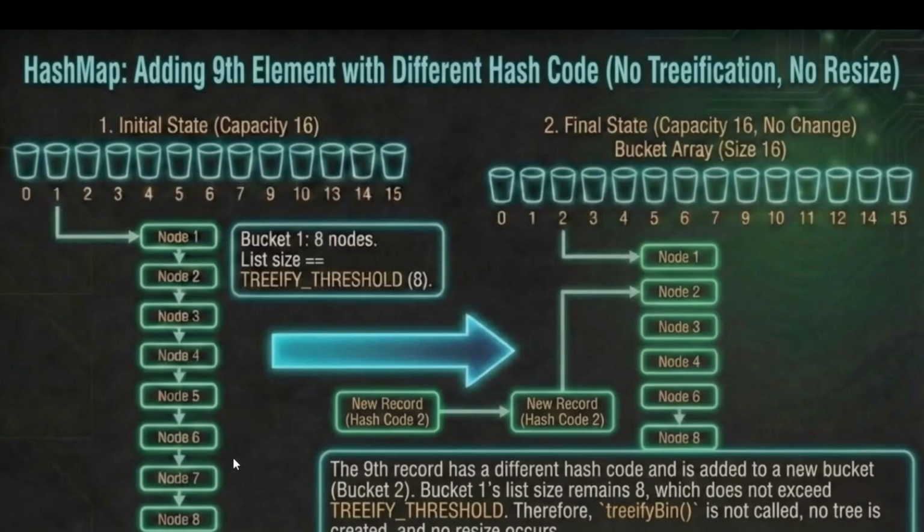The size will be 8 and here the new element will be added. There is no need to convert to a tree. Why? Because this linked list size has not yet become greater than or equal to 8. So the treeify threshold is not yet met. No need to call treeify bin. It will be added to index 2.